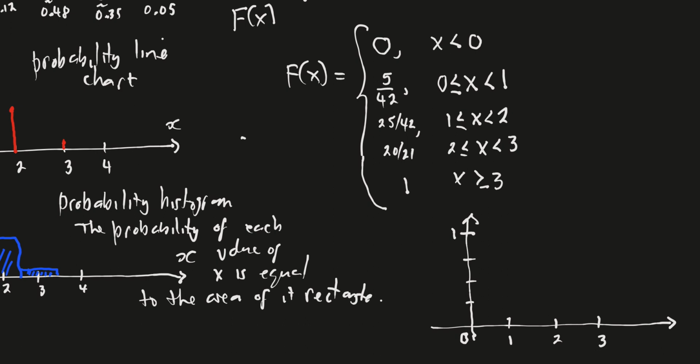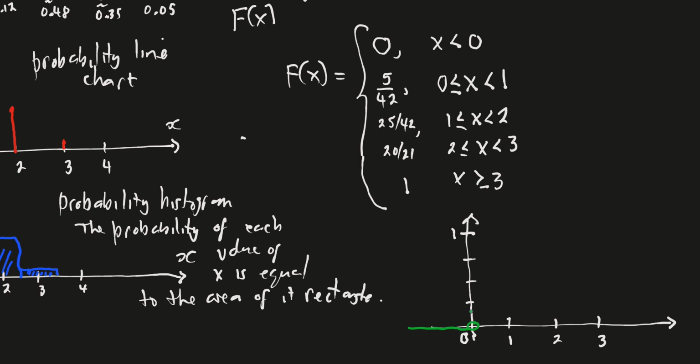All right. So I'm going to sketch this one in green, and basically what's going to happen is the graph of the function is going to be equal to 0 because there's a 0 chance that our x values are negative. So the graph will be 0 right until you get to x equals 0, and at x equals 0 you're going to have a jump up to 5 over 42.